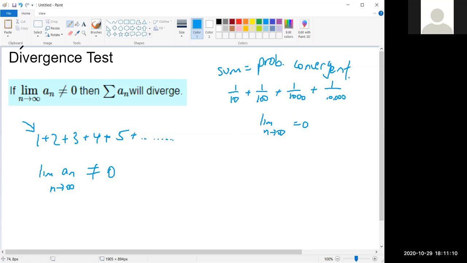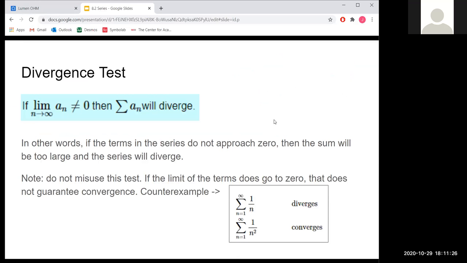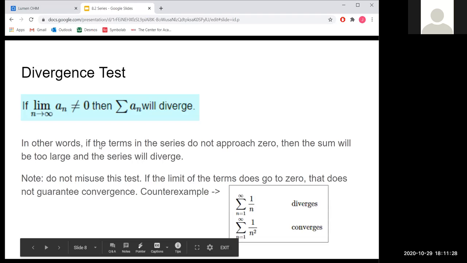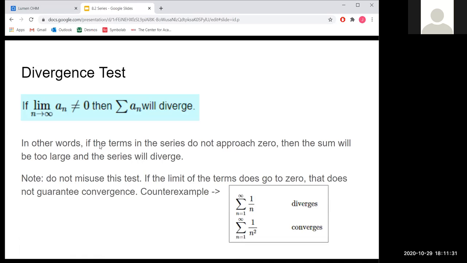So this is why the divergence test is true, and hopefully we'll see how it comes into play later. Let's go back to the PowerPoint. In other words, if the terms in a series do not approach 0, then the sum will be too large and the series will diverge.